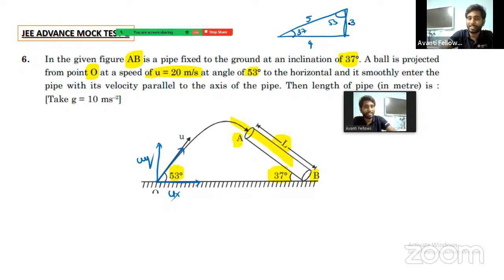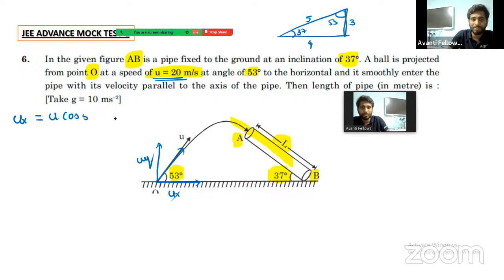Now for 53, suppose u is given as 20 meter per second. Simple: ux is equal to u cos 53. The value of u was 20 meter per second into cos 53.